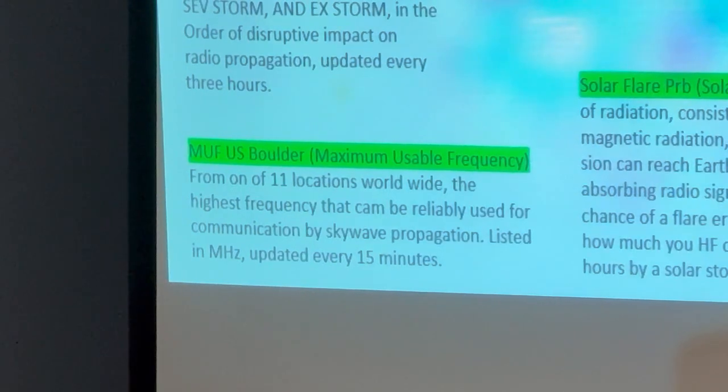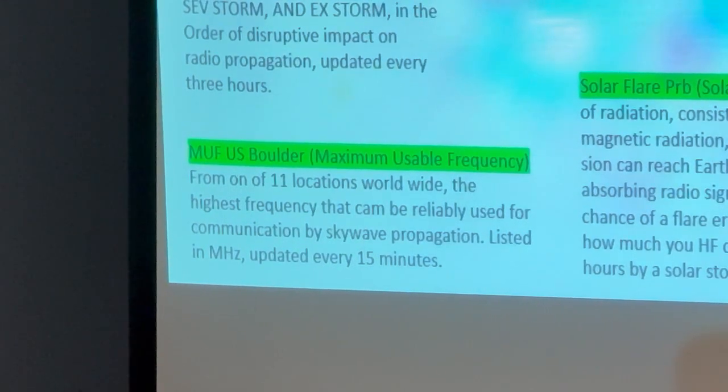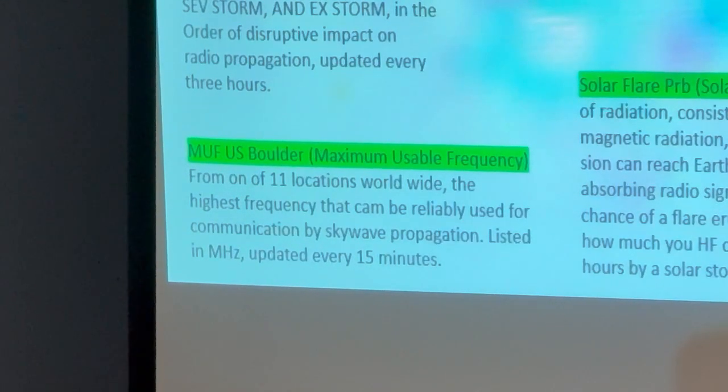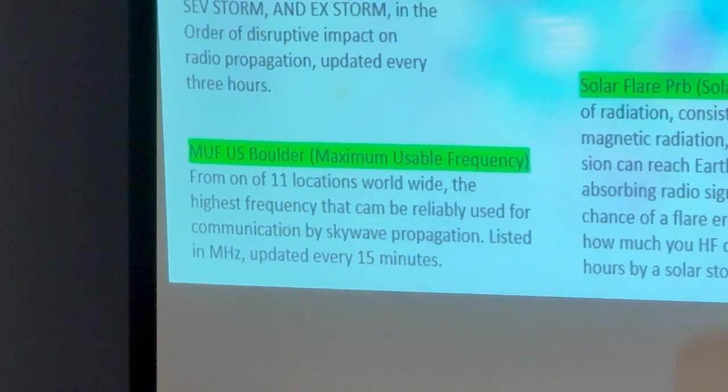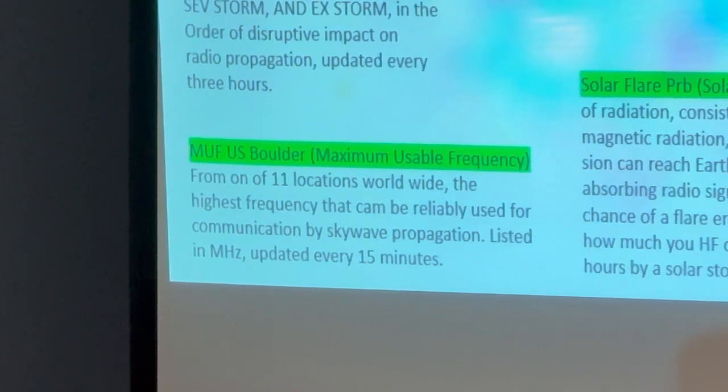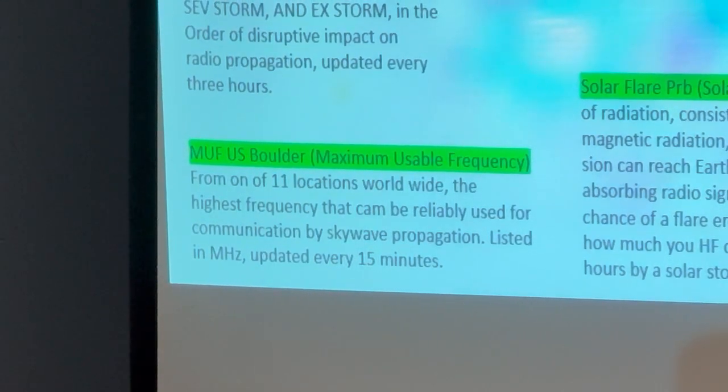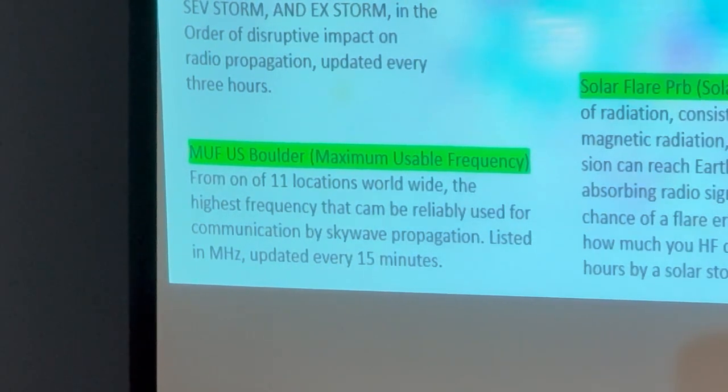Now, if I understand correctly, that maximum usable frequency at Boulder is they've got antennas pointed straight up and they bounce it off the ionosphere and see what comes back to them, right? Yeah. So if I wanna talk to someone who's on the other side from me, I'm gonna be bouncing off of that part of the ionosphere. So not necessarily if I wanna talk to Boulder, Colorado, but if that's where the skip's gonna happen, that's what matters. Okay.